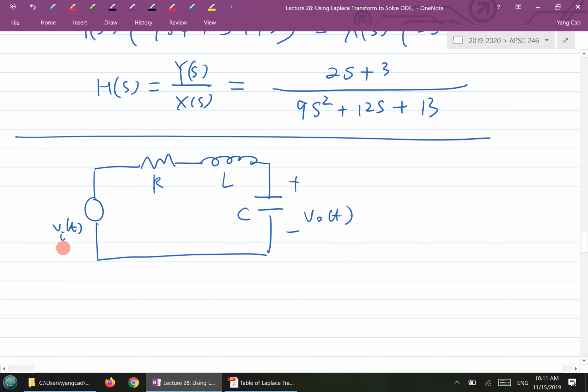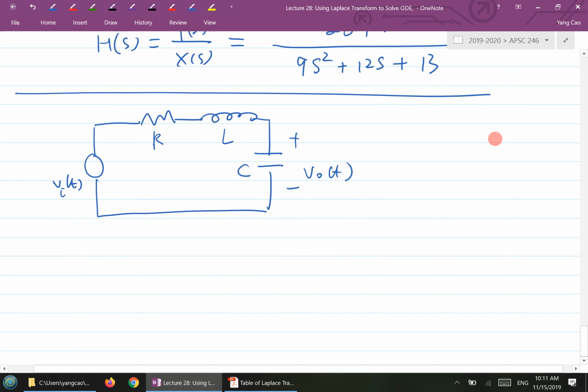You have an RLC circuit, and the question could be, what is the transfer function for this circuit system? So the first step is to come up with the ordinary differential equation governing this circuit here. You can use KVL.